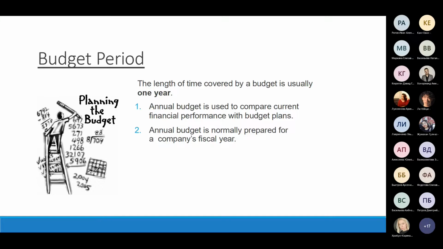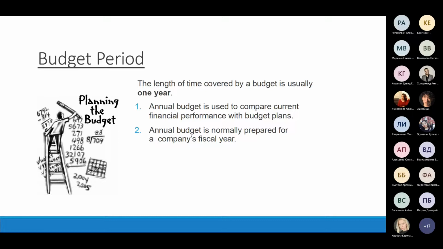And the annual budget is normally prepared for a company's fiscal year. So our fiscal year should be the same as the budgeting year. So for better understanding the final performance, to get the adjustments made before the check between actual and budget values and so on.